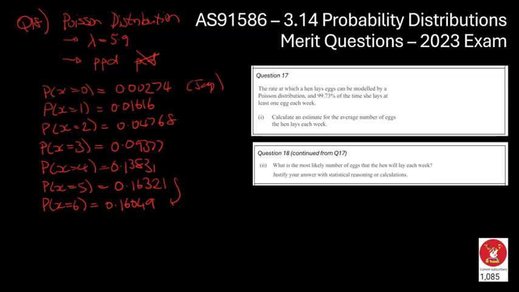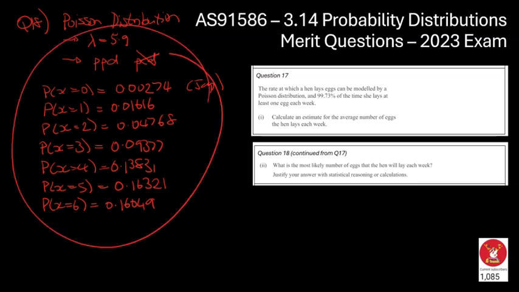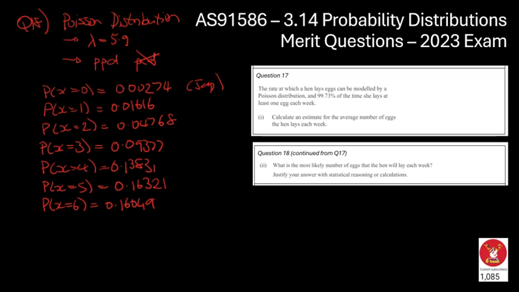So based on that, that means the most likely number of eggs I'm going to get, assuming my percent distribution, is exactly 5 eggs. I'm now just going to write that down in a sentence. Because it is a merit question and this is all math, I need to link it back to context for my merit mark.